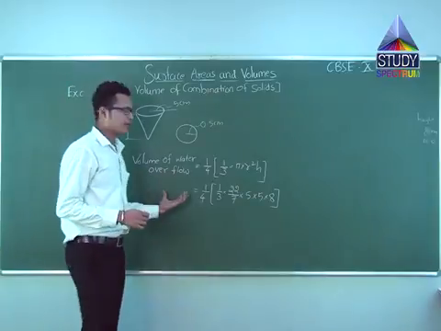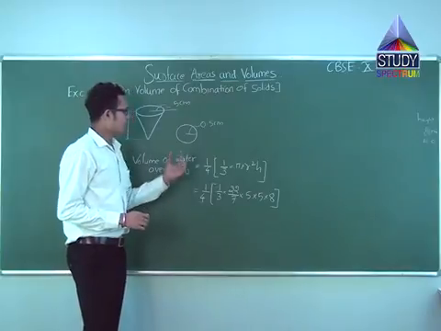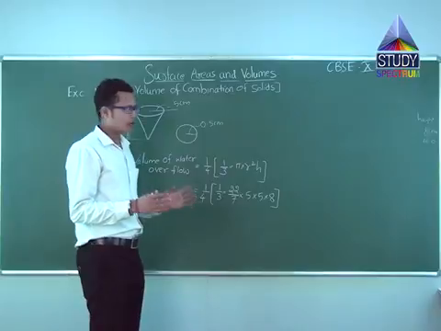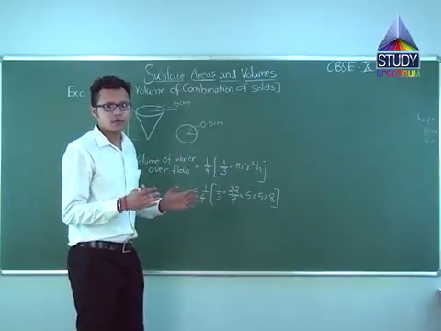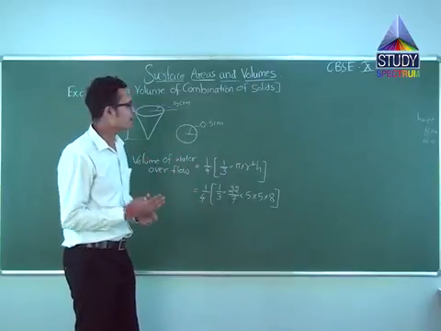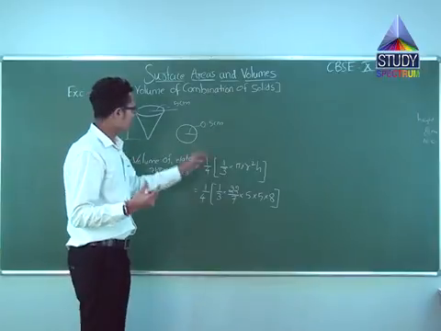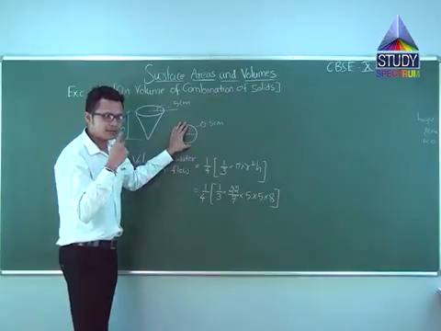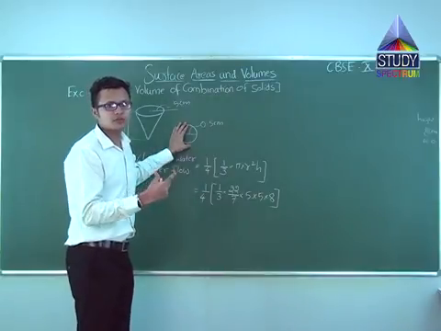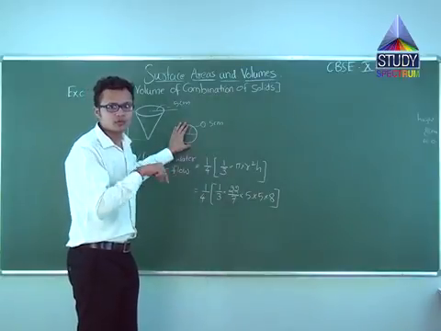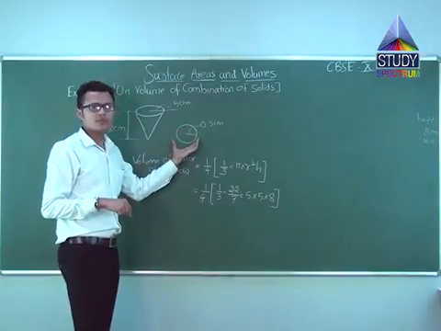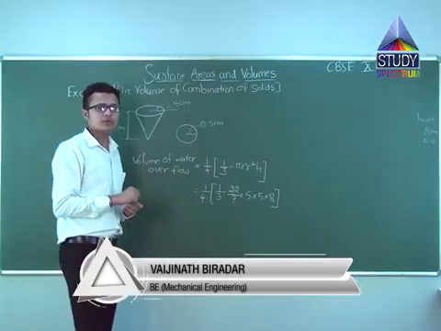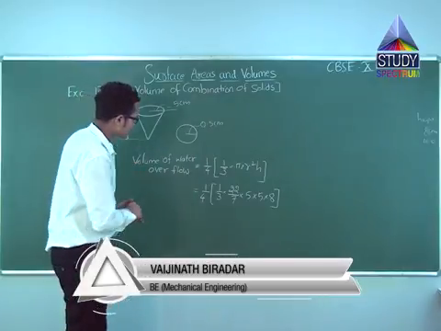But also at the same time, from physics, we know that whenever an object is immersed fully or partially in a container containing fluid or water, that object displaces an equal amount of volume equal to its own volume. The volume of water displaced by that object is equal to the volume of its own body, right?